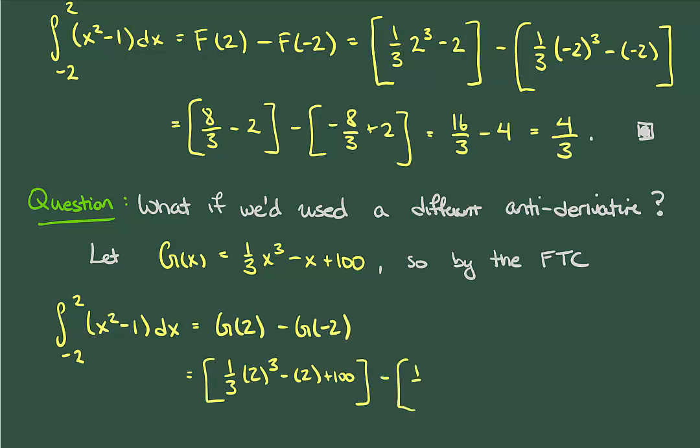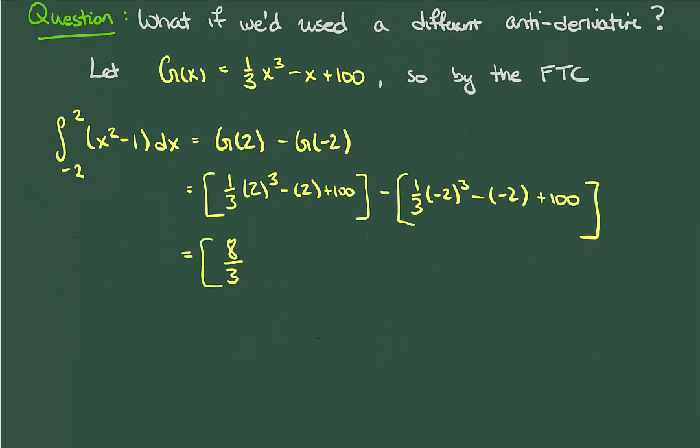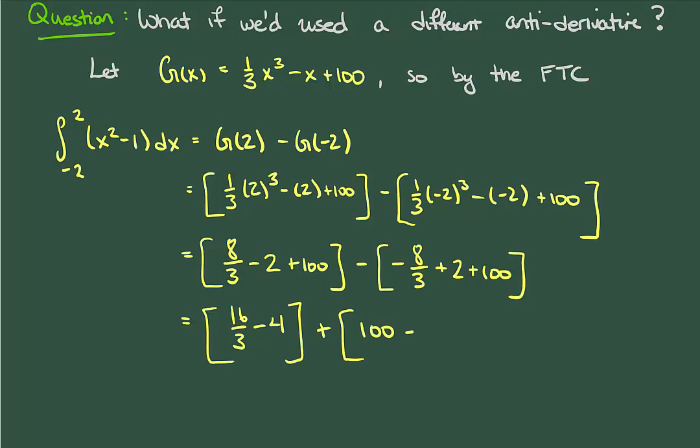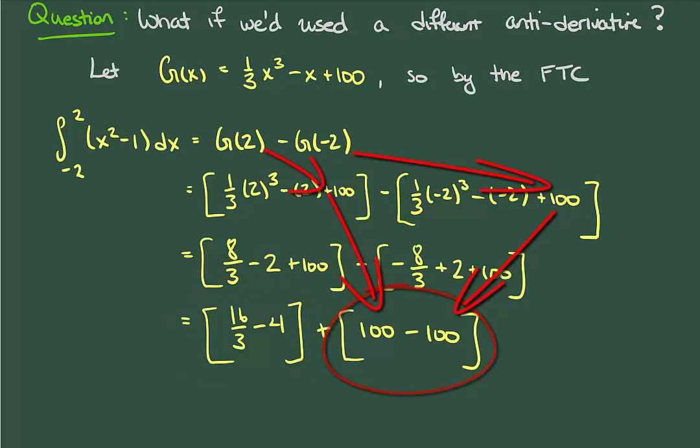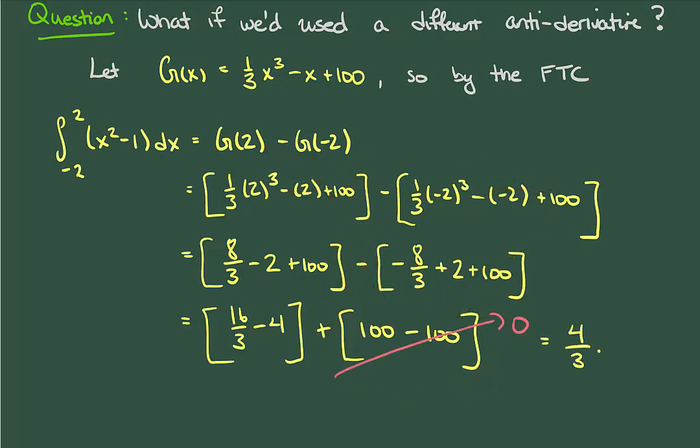Now, the algebra ends up being similar, but we get this extraneous constant of 100 showing up everywhere. So I'll run through some simplification, but I'm also going to regroup the terms in a clever way to help us see what's going on. The first set of brackets is the same result that we got above. The second set of brackets are the constants coming from G of 2 and G of -2. The constants thus cancel each other out and give us the exact same answer as above.